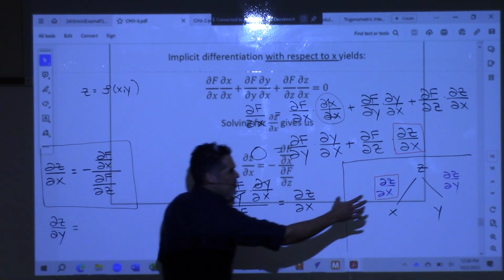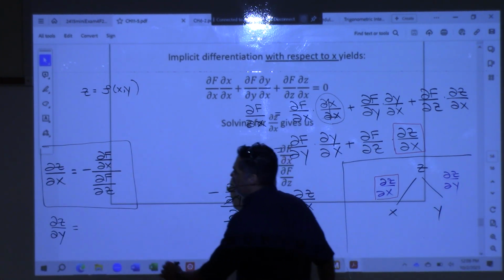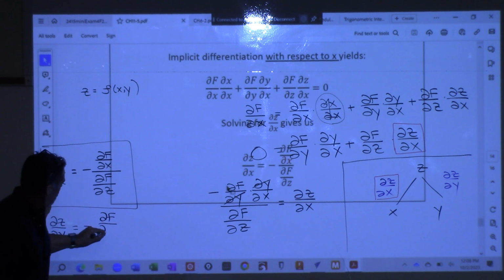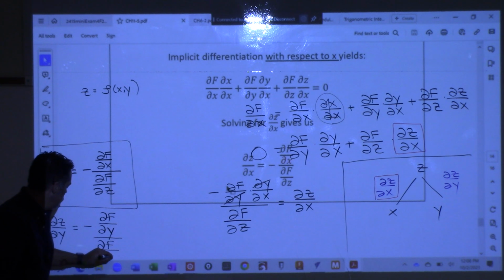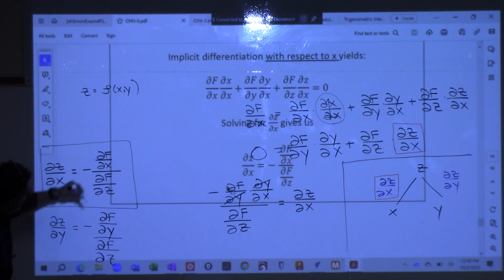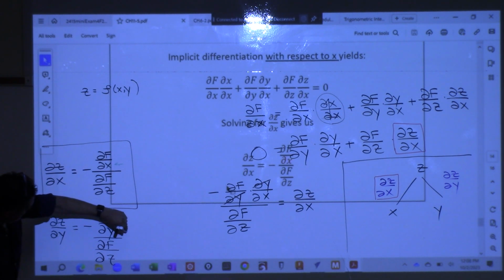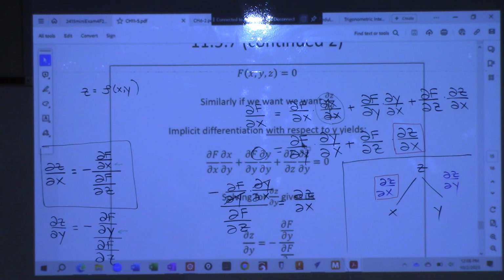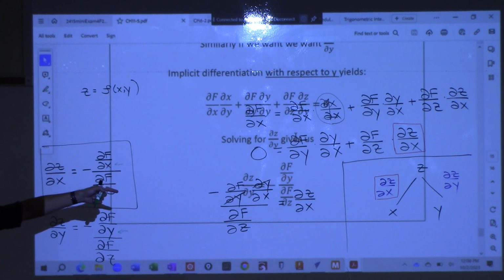So that's going to give me this one right here. It's still negative, partial f, but this time with respect to y over partial f with respect to z. The only difference between the two formulas is that. Okay? And these two formulas are in the notes. All right?